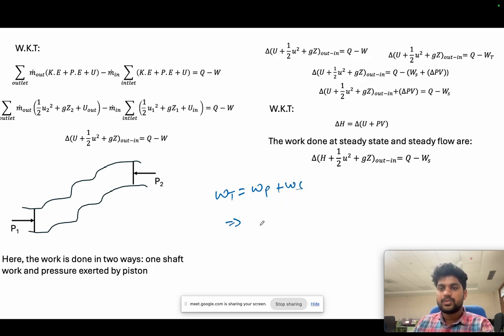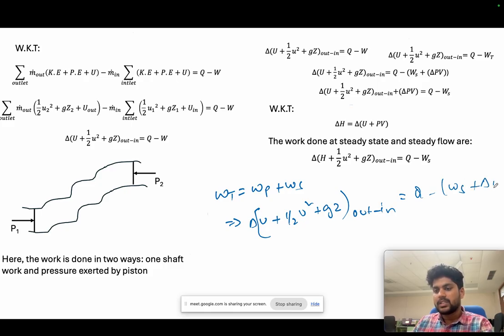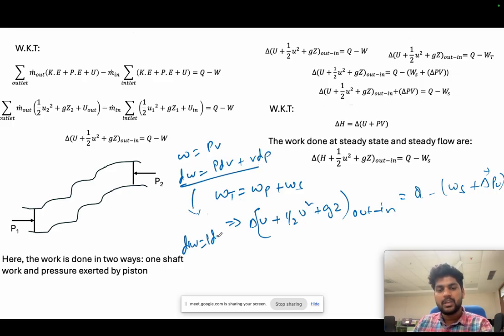Which gives us delta U plus delta of u square by 2 plus g z, out minus in, equal to Q minus WS plus, I can write it as delta PV, because we have the chain rule, d(PV) equals PdV plus VdP. If you remember, we are only considering dW equal to PdV.